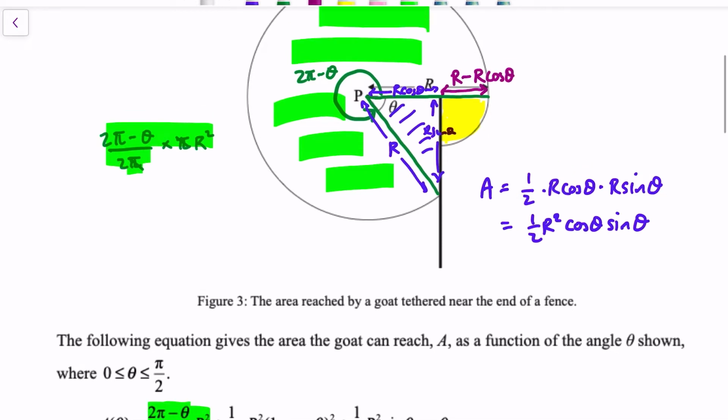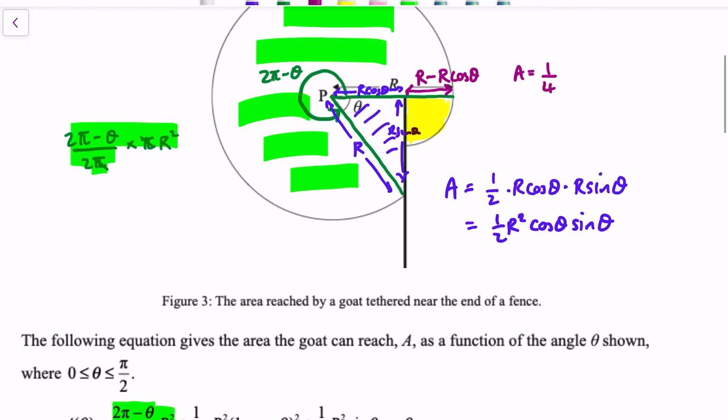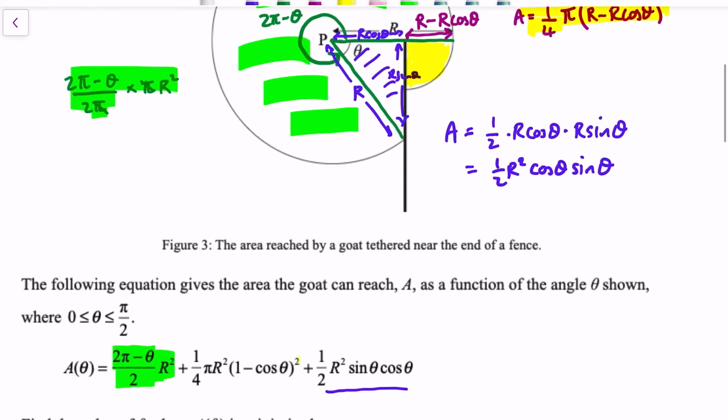So the area of that is a quarter of a full circle, pi with a radius of r minus r cos theta, pi r squared there. So, and then a bit inside we can pull the r out the front of it. So it's going to be pi r squared over 4 times 1 minus cos theta all squared, and that is equal to this.